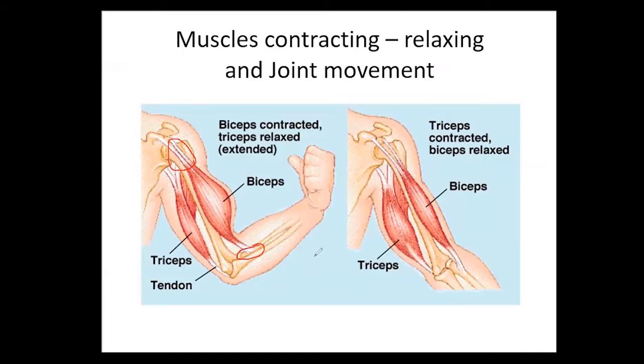Muscle movement is basically moving the bone from the insertion part toward the origin part. That's how most muscles move, because muscle contraction here makes these two bones come closer.